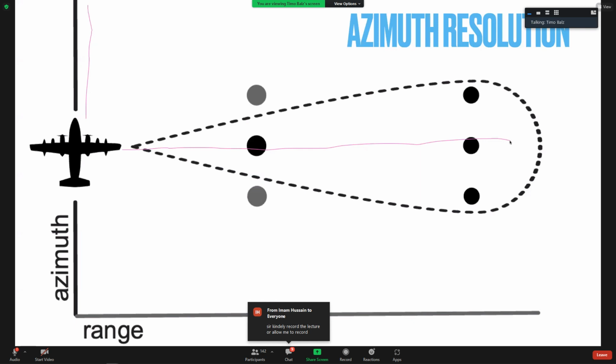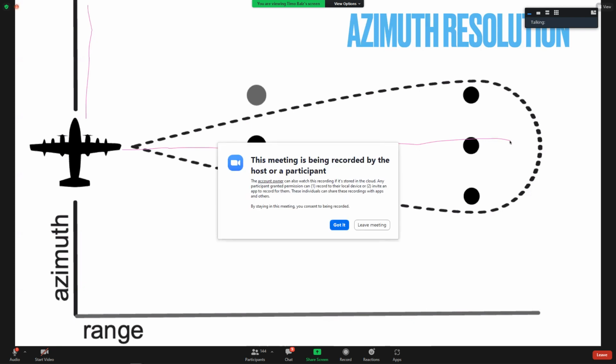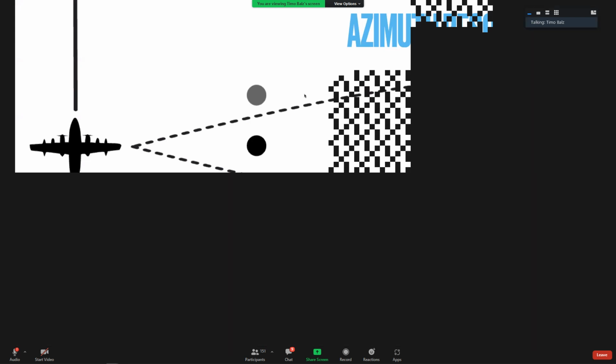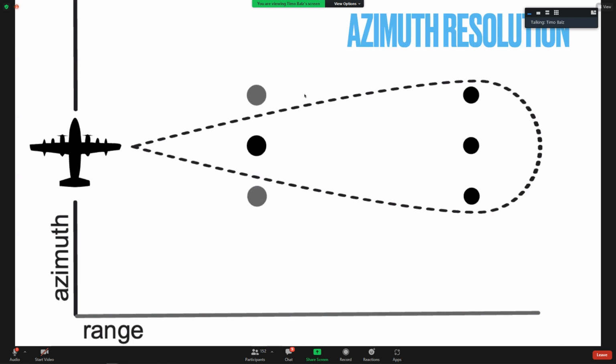Now, because we had the question of whether we can compare that to camera sensors or anything like that, I would try to avoid any of these comparisons. However, we have to understand that we have a rather large radar beam.